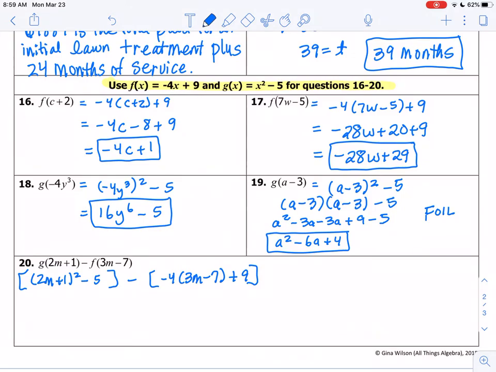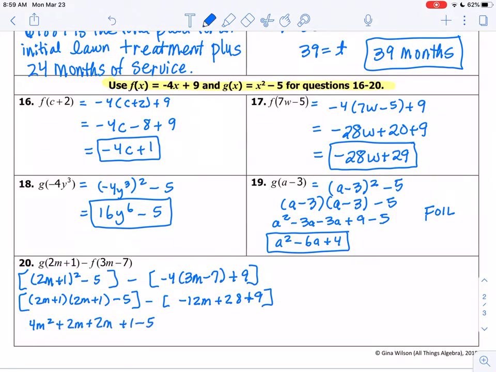Okay, so here we've got FOIL on the first one. This would be 2m plus 1 times 2m plus 1 minus 5. This one, that's just distributive property right there, so negative 12m plus 28 plus 9. So this would give us 4m squared plus 2m plus 2m plus 1 minus 5 minus negative 12m plus, what is that, 37 if you add those together.